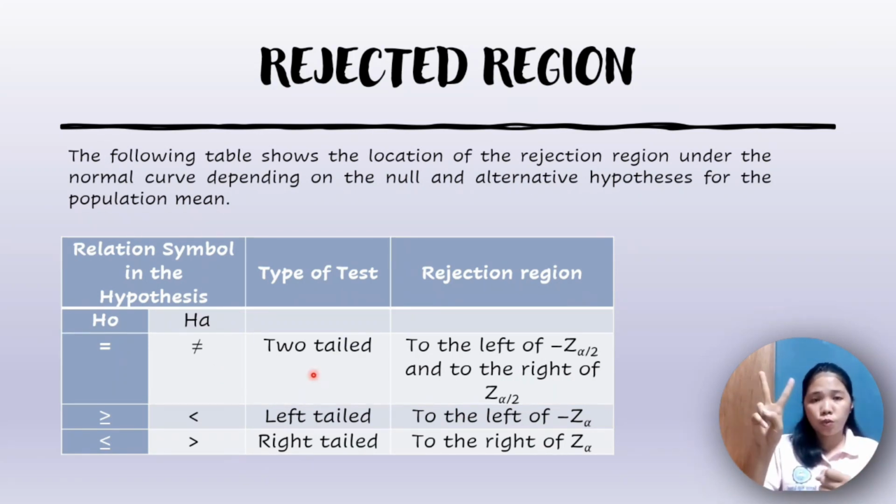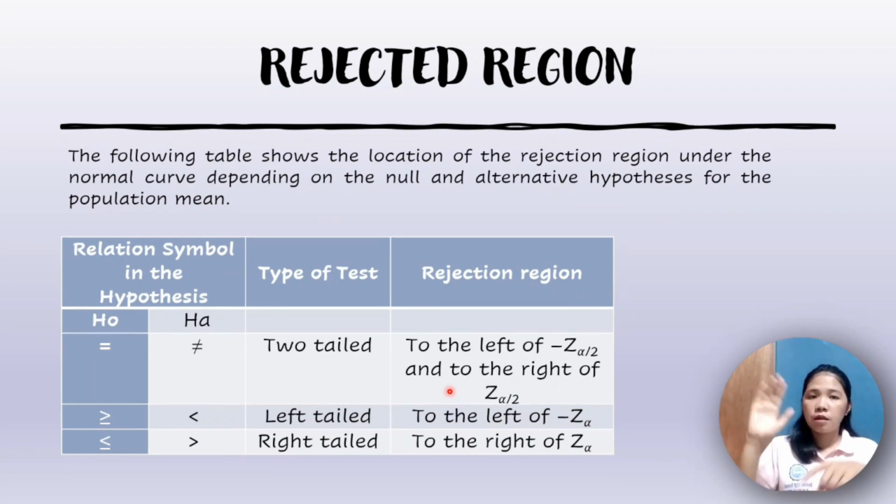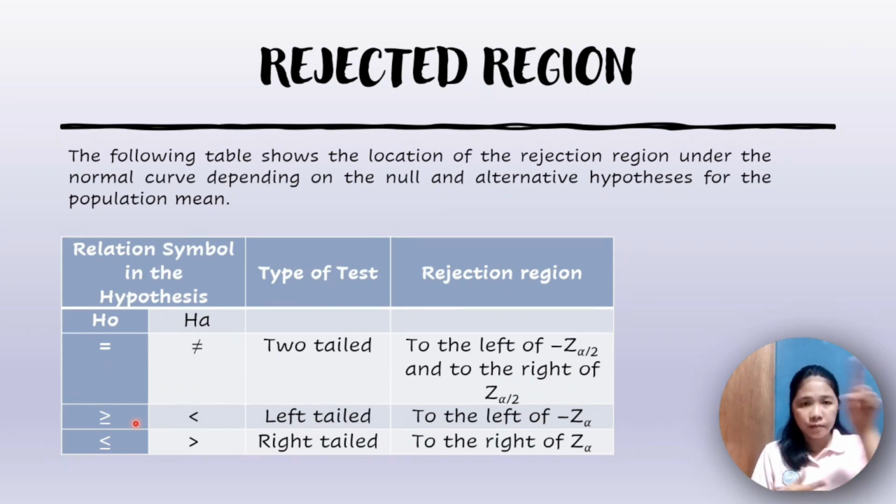Where will be the location of the rejection region? It is located to the left of negative z sub alpha over 2 and to the right of z sub alpha over 2. When the null hypothesis is greater than or equal to and its alternative hypothesis is less than, then we make use of the left-tailed test.